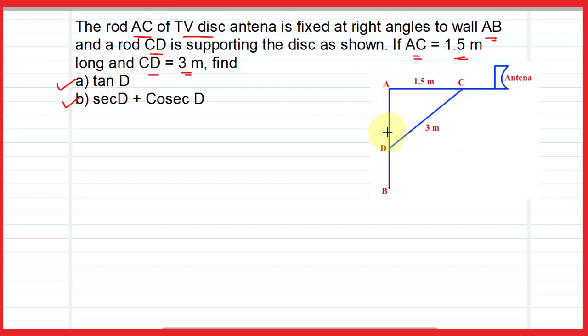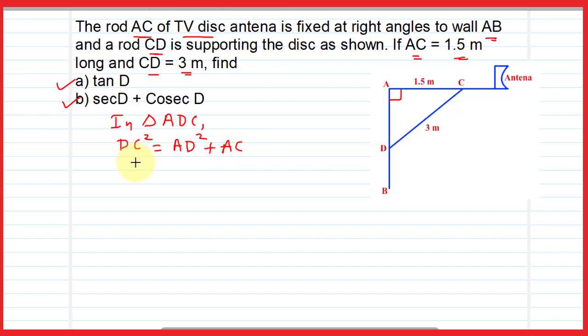So first we will take triangle ADC. In triangle ADC, here we see that this angle is 90 degrees, so ADC is a right angle triangle, so we can apply the Pythagoras theorem, and therefore DC square is equal to AD square plus AC square.